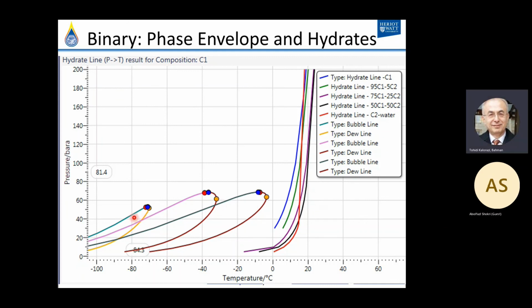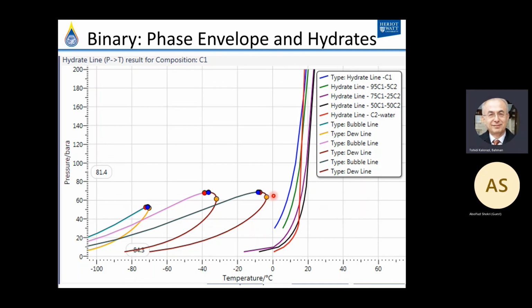You see that for 95% C1, this is the phase envelope. 75% C1 would be this one. At the condition of hydrate formation, the system is outside the two-phase region of the mixture.